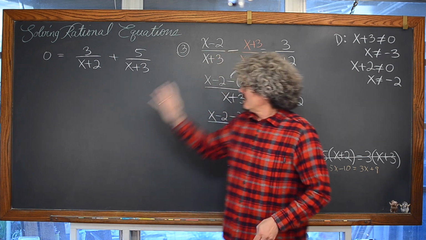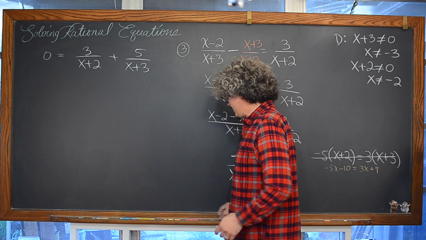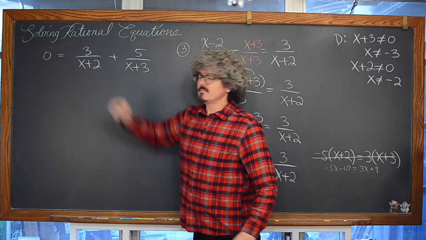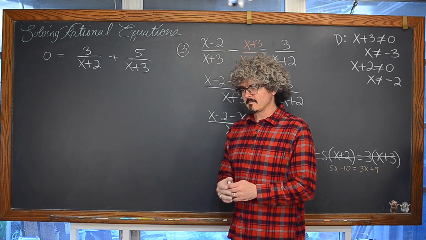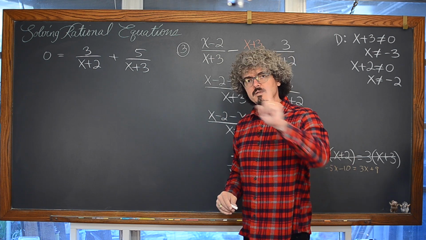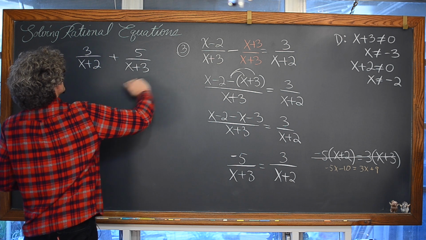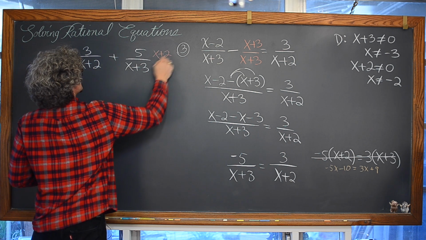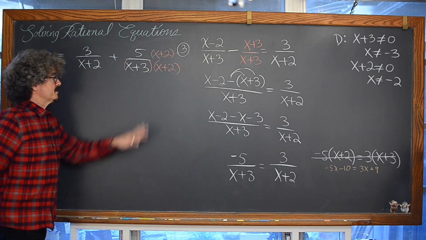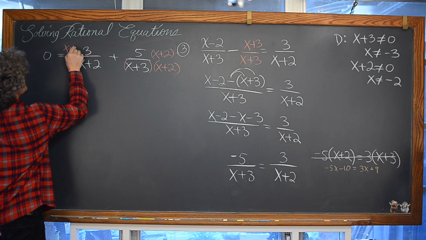And when we're looking at this and setting it equal to 0, and thinking about a tool that is going to be useful for those rational inequalities, we need to get the right-hand side of this equation to be one single fraction. And we're going to do that by multiplying this 5 over x plus 3 by x plus 2 over x plus 2, a form of 1 that's going to change the look of this fraction but not its value, and this by x plus 3 over x plus 3.